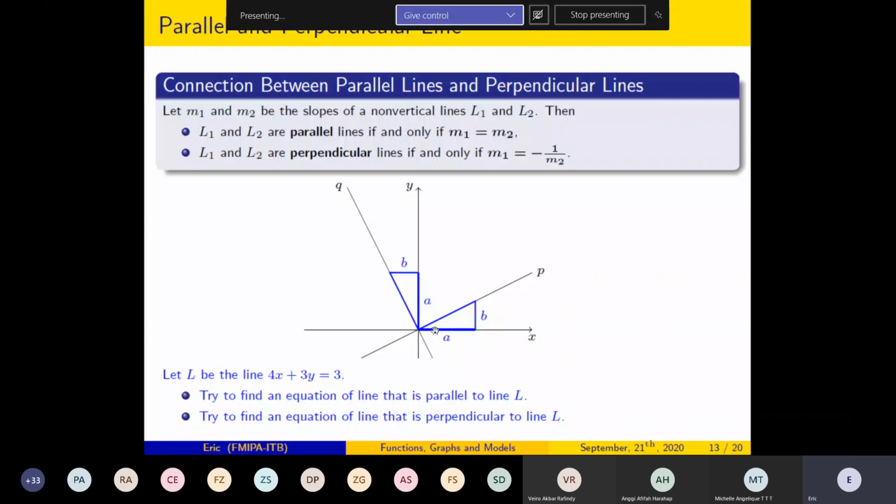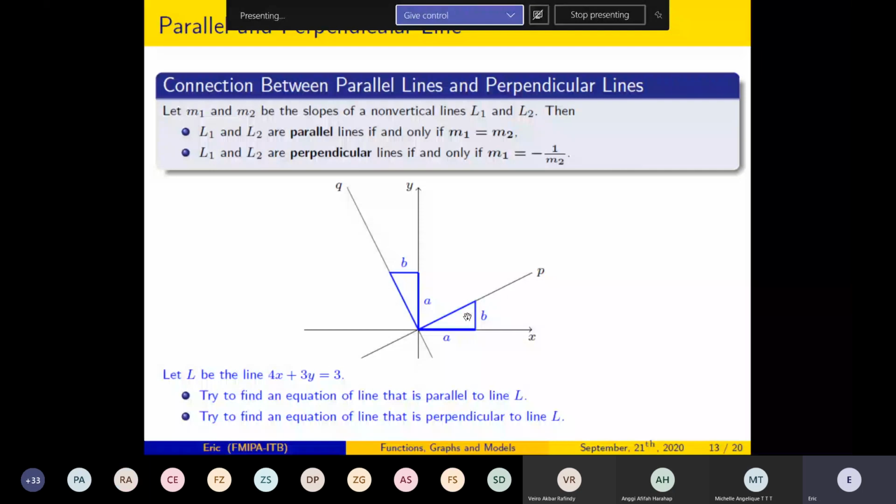So this triangle, I rotate it by 90 degrees counterclockwise. So I have this triangle.